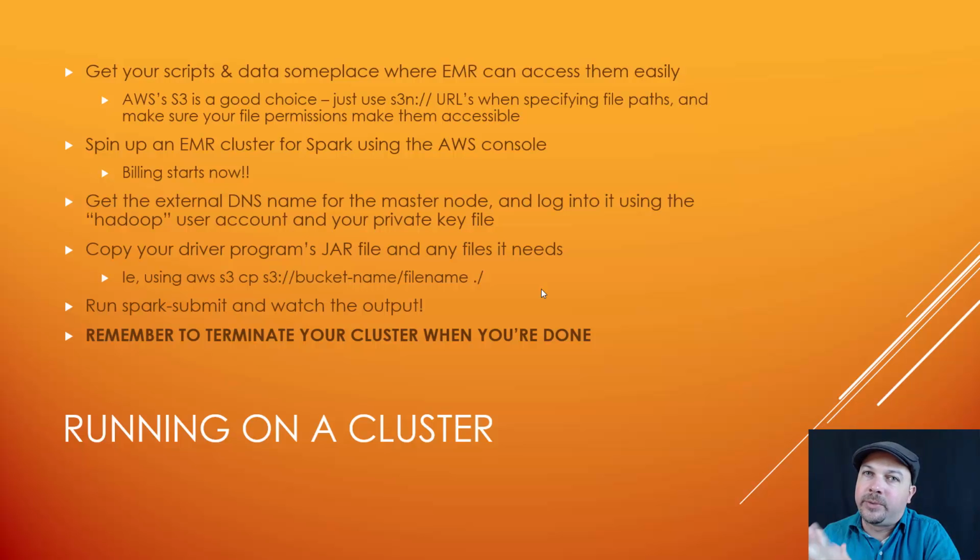Whatever distributed file system you want to use, fine by me. All right, and once you have that all in place, all you need to do is figure out how to log into the master node of your cluster once it's been spun up. And we walked through how to do that with EMR. It's just right there in the dashboard for you, and you can use PuTTY to connect. Copy over the jar file that you want to execute, along with any files that you need to support that jar file, run Spark submit with it, and off it goes.